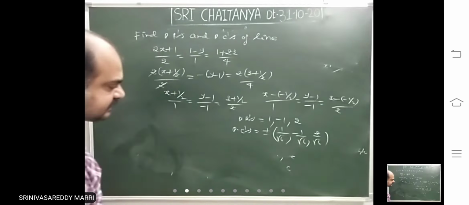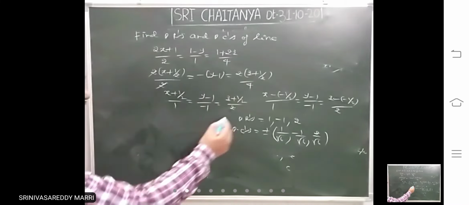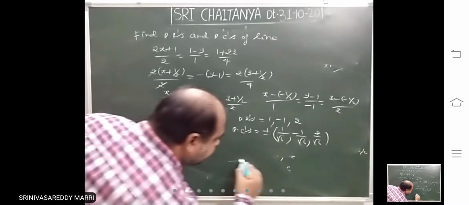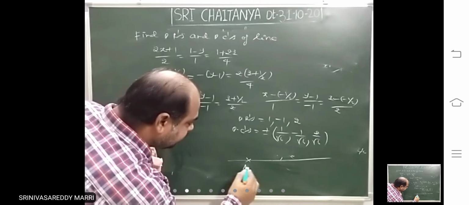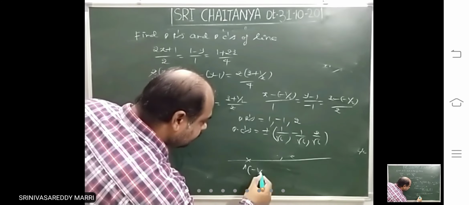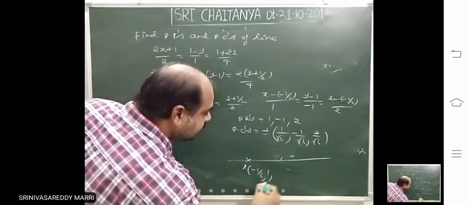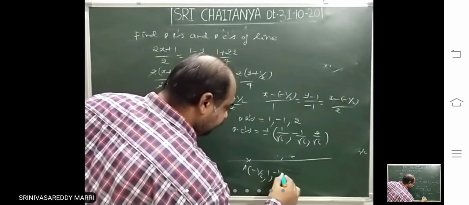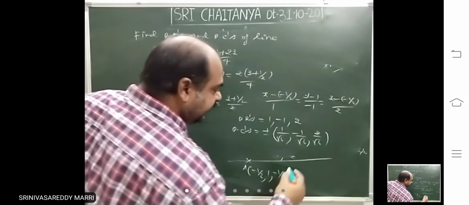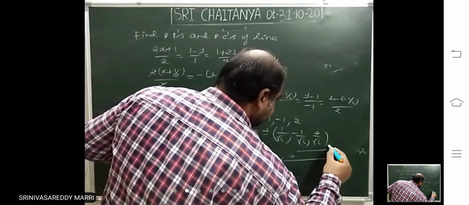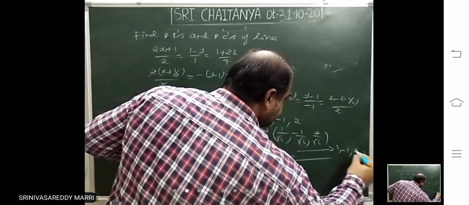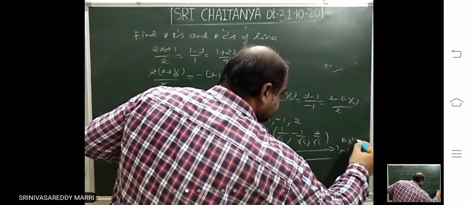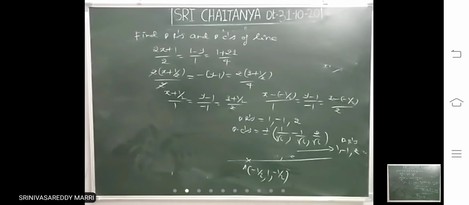This line passes through the point (minus 1/2, 1, minus 1/2), and the DRs are 1, minus 1, 2.